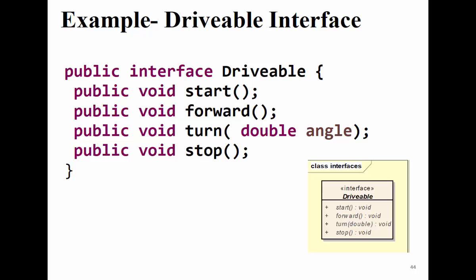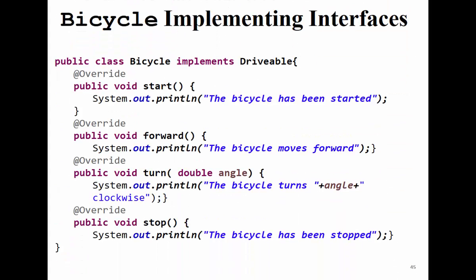For example, this is what we discussed so far: you have a drivable interface. Start, forward, turn with some angle, and stop. This is an example of an interface where any movable object should agree to implement this interface. So bicycle implements the drivable interface. Bicycle can start.